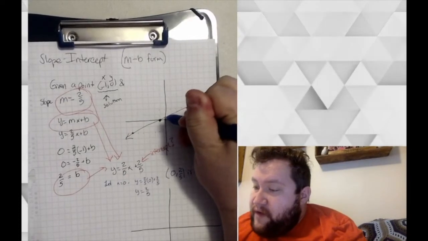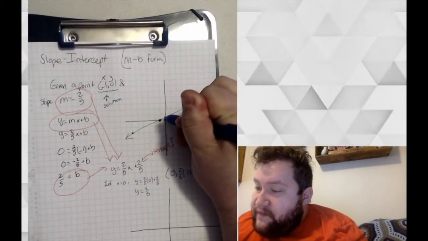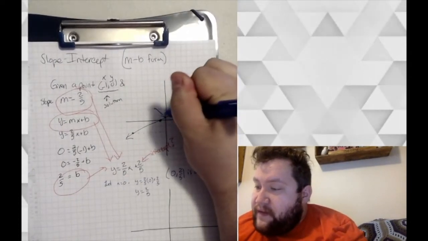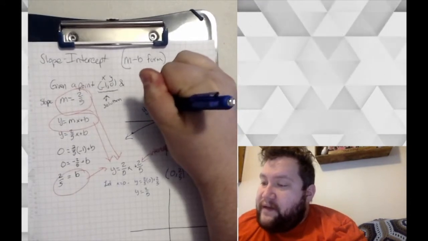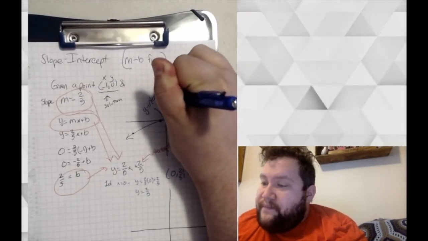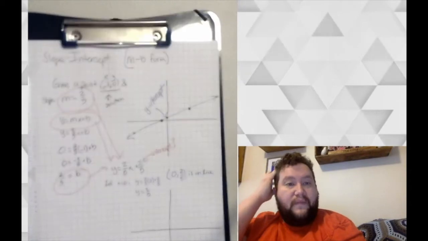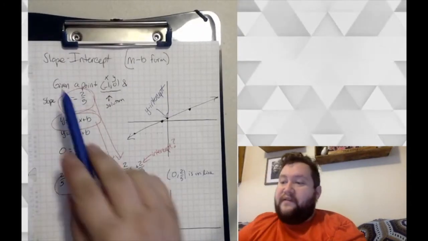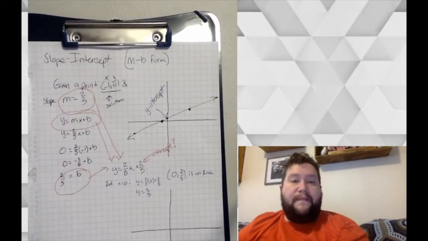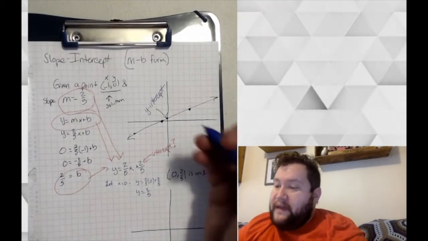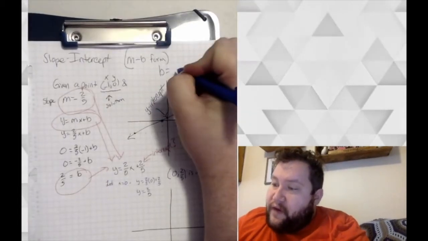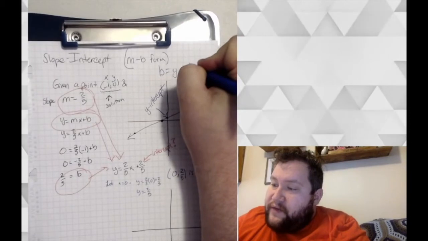So our point 0, 2/5 is on the line, and that's called our y-intercept. And so that's why we call this slope-intercept form, because it turns out that b is our y-intercept.